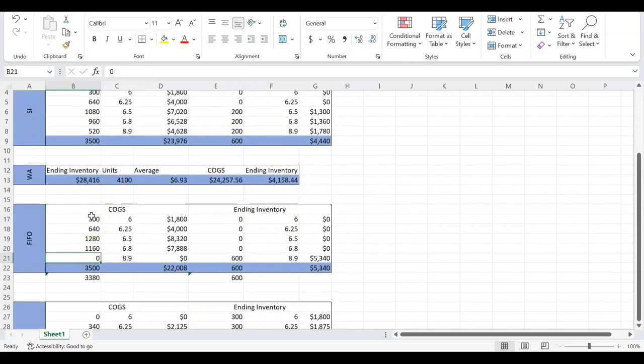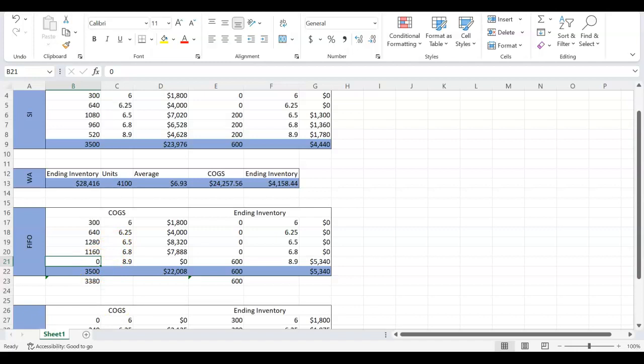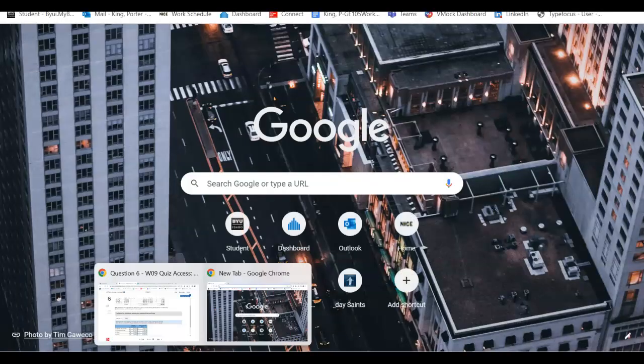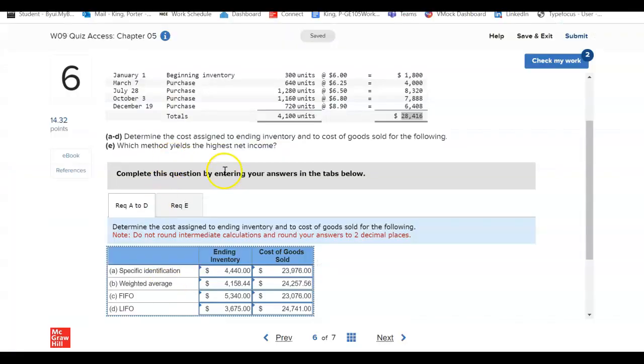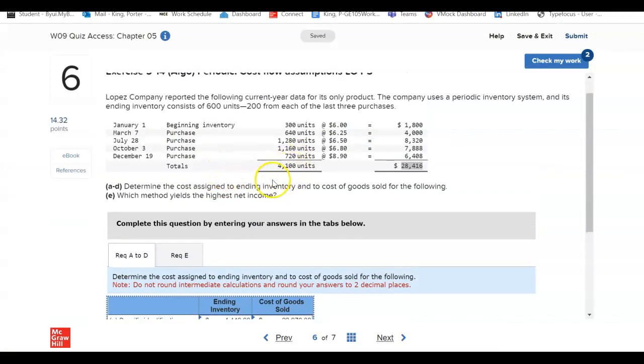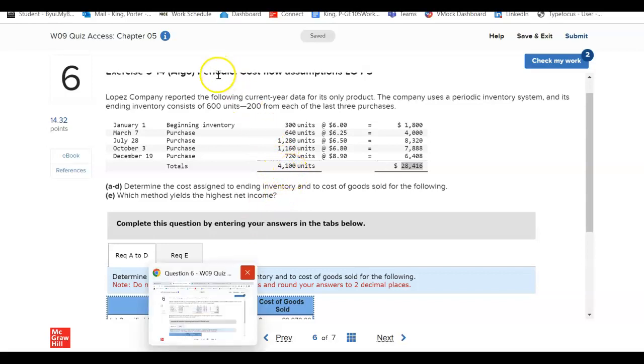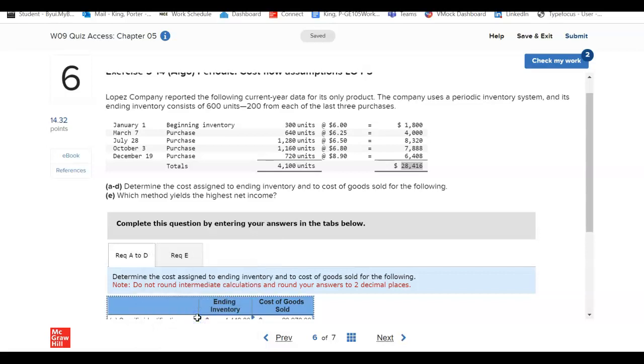And so we remembered that, so we can see in the problem that our units was 4,100, but remember we have the minus 600, so our total is supposed to be 3,500.